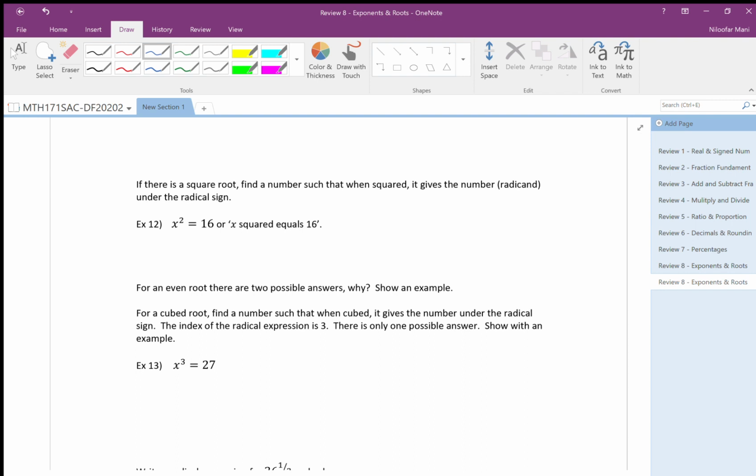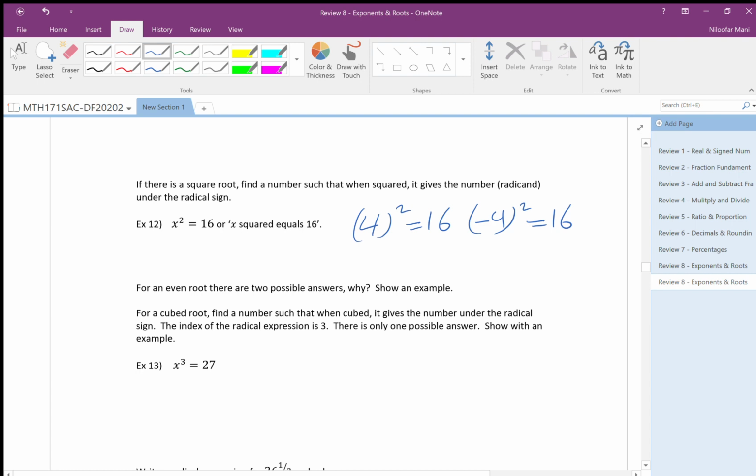See, here I have x squared equals 16. What is the answer? So if I put a number and square it, the answer must be 16. Oh, 4. Yes, 4 squared is 16. How about minus 4? Minus 4 squared is also 16. Oh, yes, both of them.